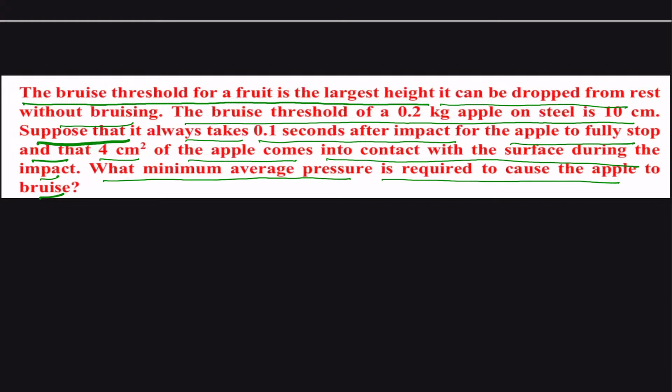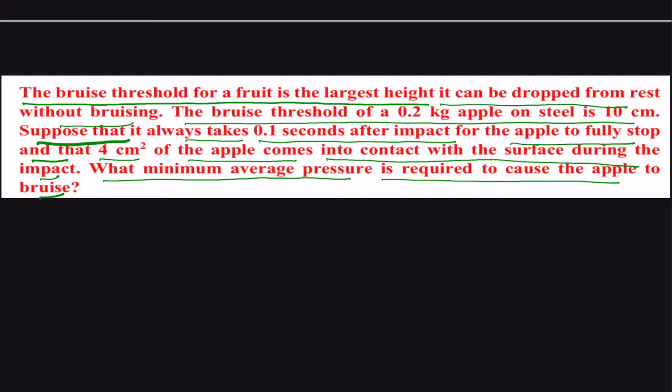Okay. The question's language is a little bit tricky, but it is quite simple. We are going to make a comparison between the threshold and the maximum value, and then we are going to get the answer. Here the comparison is in terms of pressure.